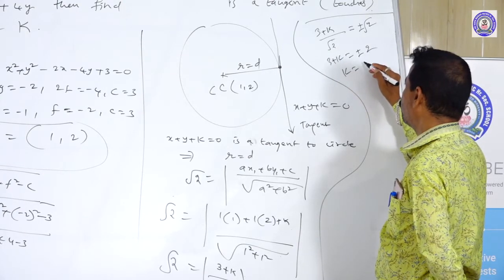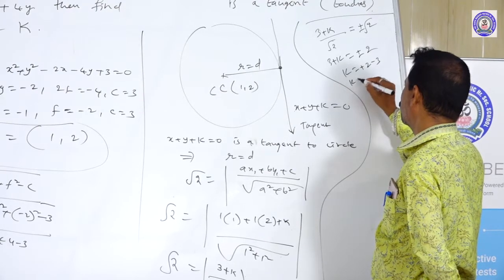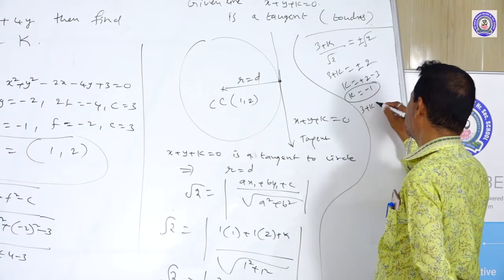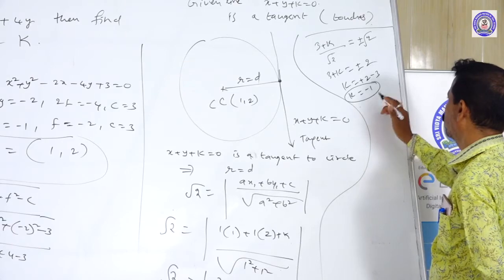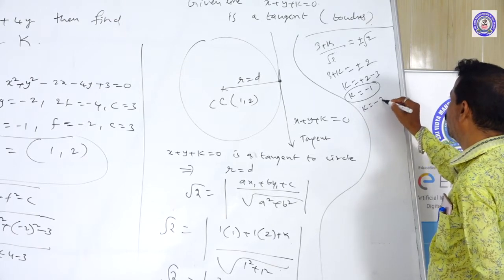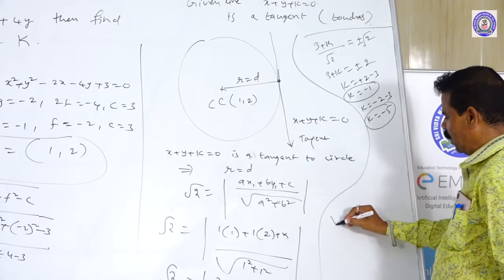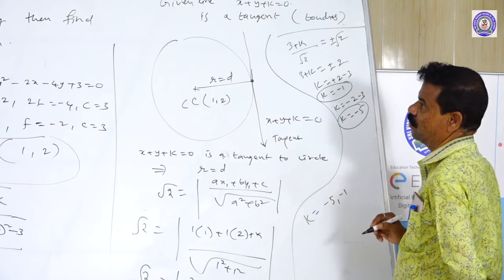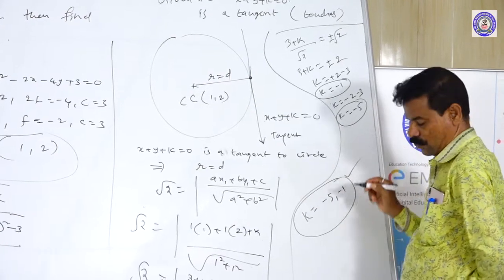K is equal to plus 2 minus 3. So k value is minus 1. And 3 plus k is equal to minus 2, another k value: minus 2 minus 3, k is equal to minus 5. Two values. K is equal to minus 5 and minus 1. He is asking values of k only. These are the k values.